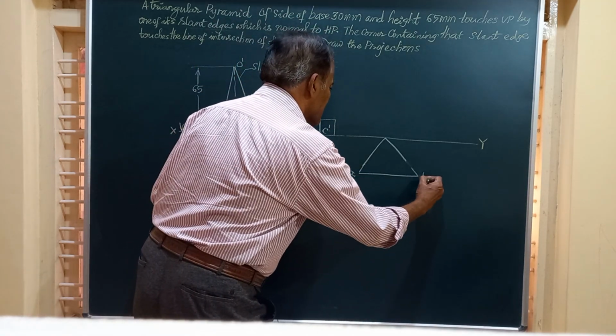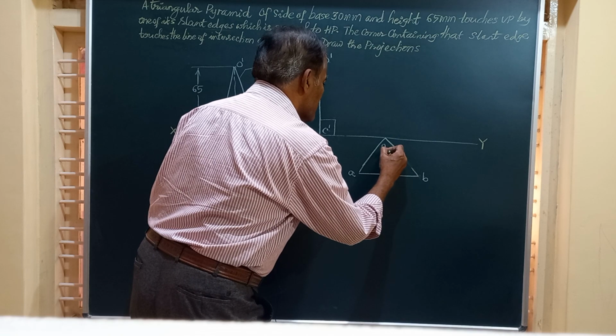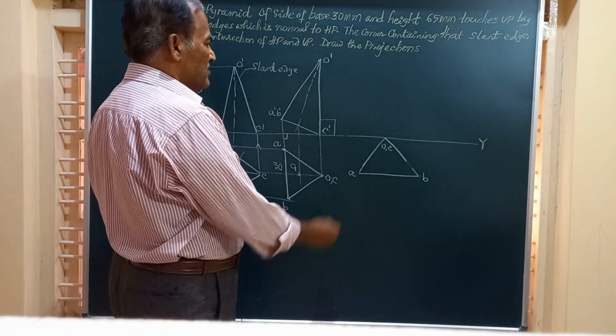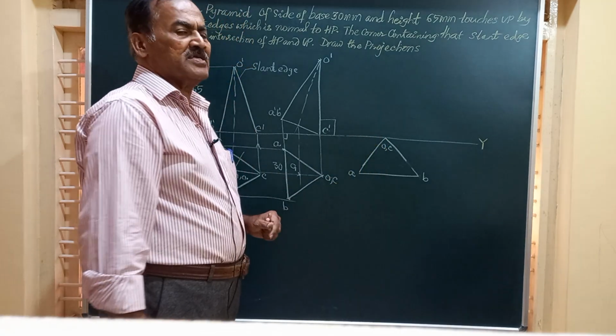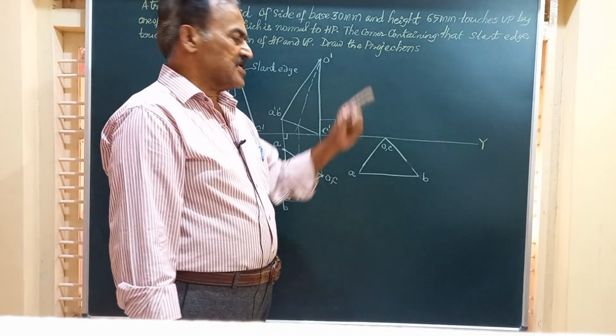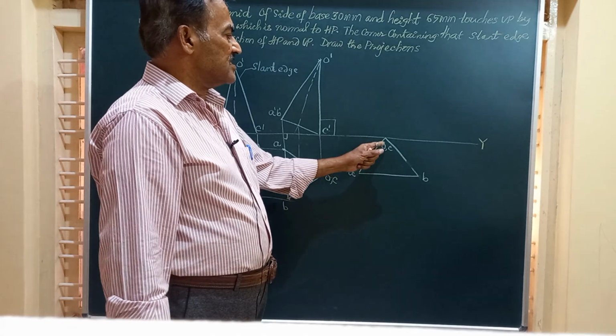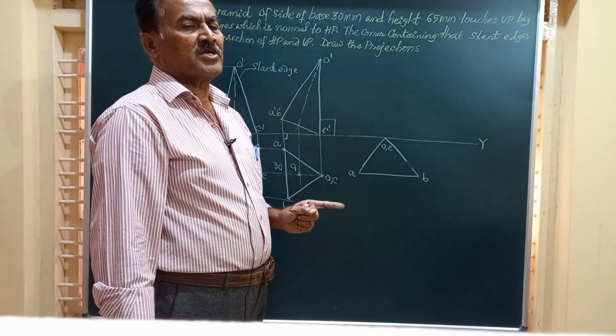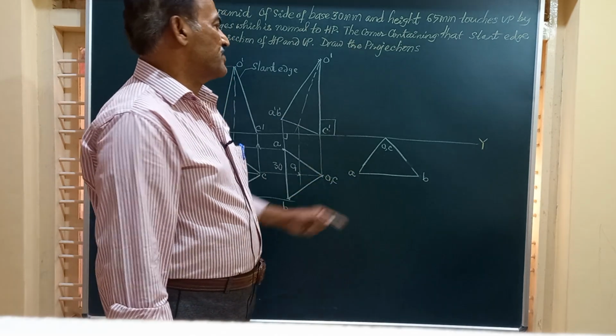This is A, this is B, this is O, C. Now friends, this OC represents the slant edge in the top view. So that is now seen as a point. That's why it is perpendicular to the HP.